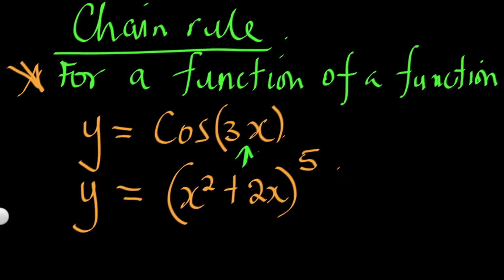Or let me say I have an exponential function. y is equal to, let's say, e to the power of 7x. Again, this is a function of a function, and in all these three cases we use the chain rule.